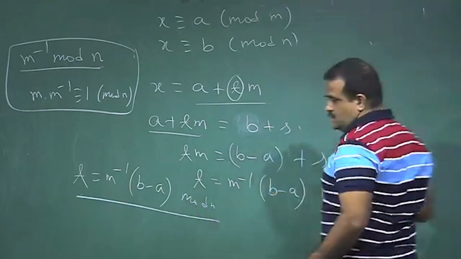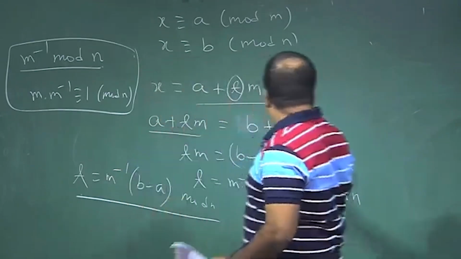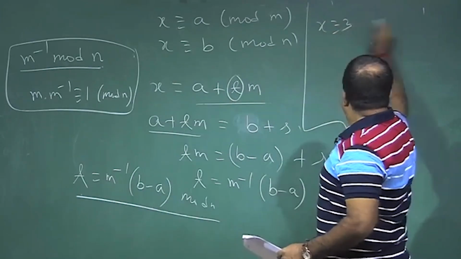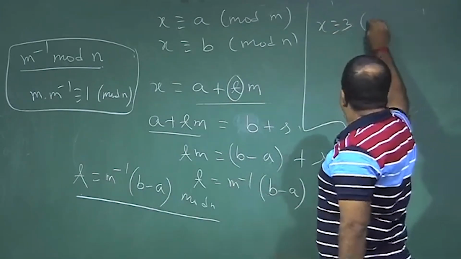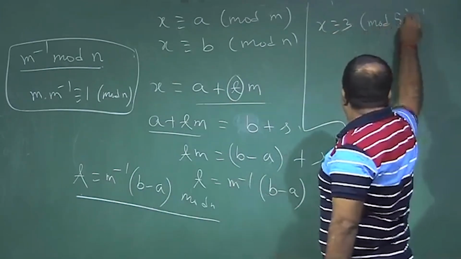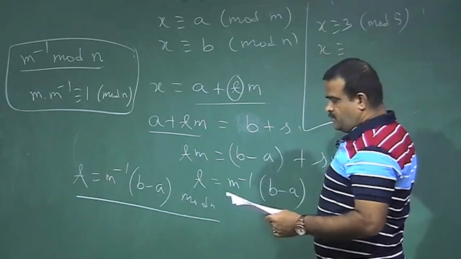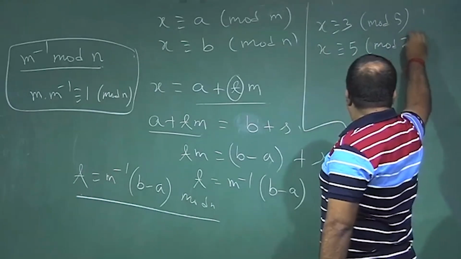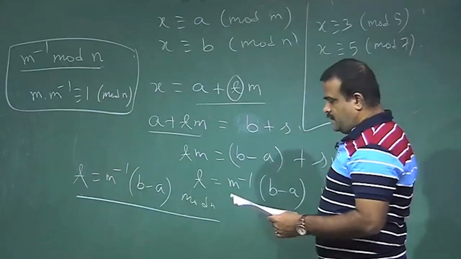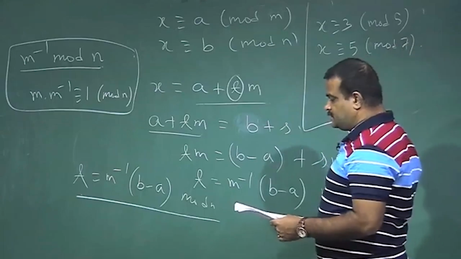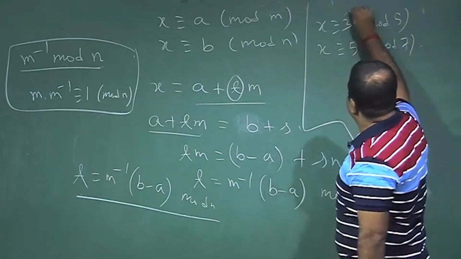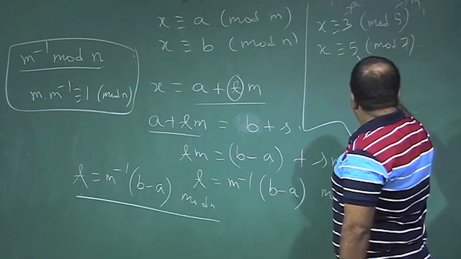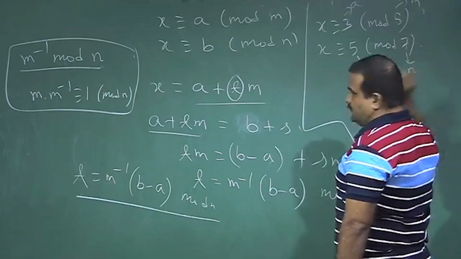Our equation was x is congruent to 3 mod 5 and x is congruent to 5 mod 7. Okay. So basically this is our a, this is our m, this is our b and this is our n.